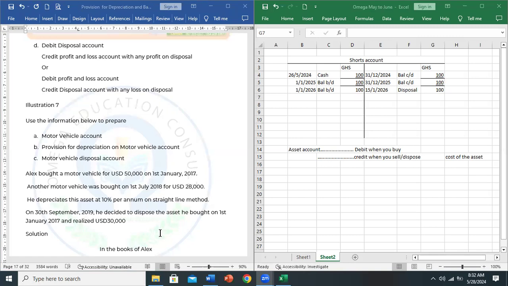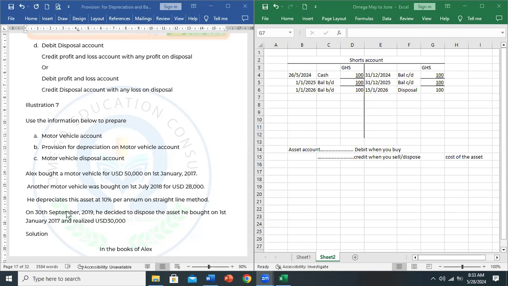Okay, so ladies and gentlemen, as Prof read the question, you would observe that Alex bought a certain asset, and that asset is a motor vehicle. If you go through, you will realize that he bought one on 1st January 2017 and also bought another on 1st July 2018. They speak to us about the rate of depreciation.